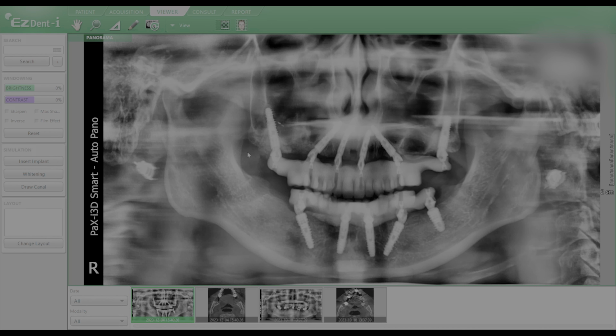And let's take a look at what we did for her. So again, this is how she presented originally, and this is what we ended up doing for her. We did 4 implants with some pterygoids and 5 implants down low. As you see, we were able to secure the implants. Now, these are something called trans-sinus. So I was going through some of the sinus a little bit, but got great support. I didn't even need to do pterygoids on her, honestly. We had only a 1-tooth cantilever, but I did anyways.